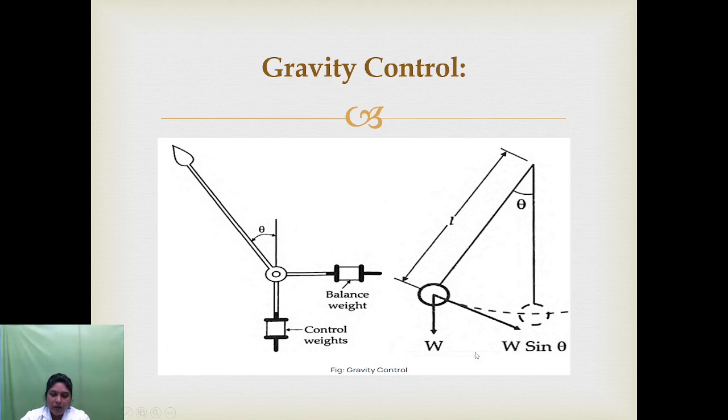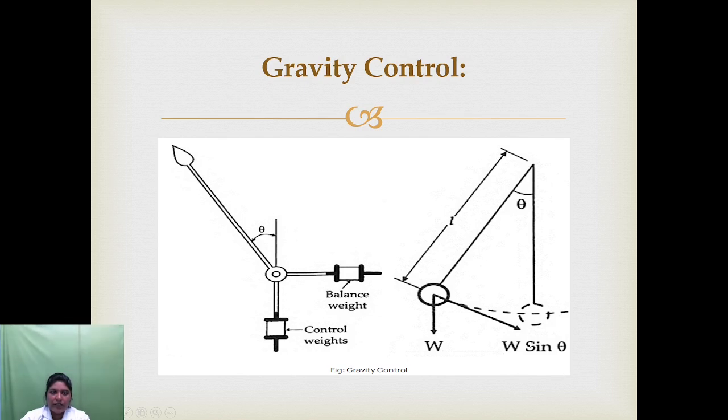Torque means the force into the length, so we get WL sin theta. At equilibrium, the controlling torque will be equal to the deflecting torque. If we equate them, we get that I is directly proportional to sin theta. Here the current is proportional to the sine of theta.